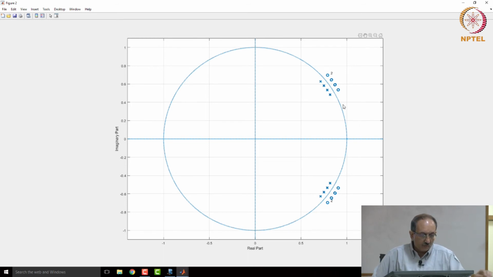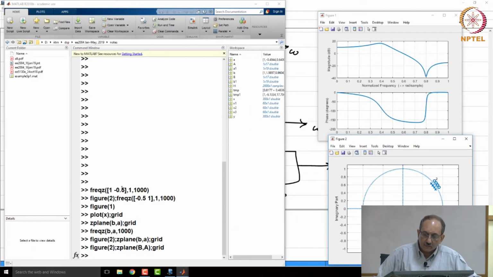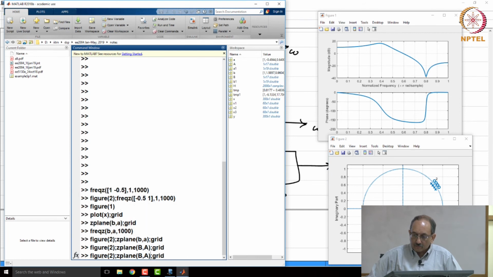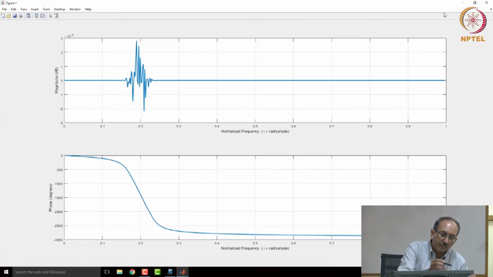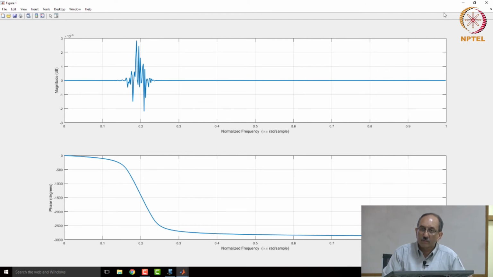Now, you can look at the frequency response. So, frequency response, there should be no surprises here. So, this is freqz of B comma A. So, this is the corresponding frequency response.